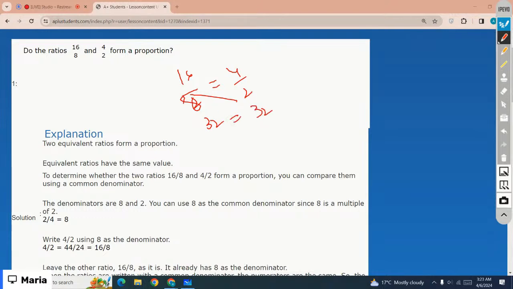That means yes, they are equivalent and they form a proportion. Got it? Okay, let's just start with the practice questions.